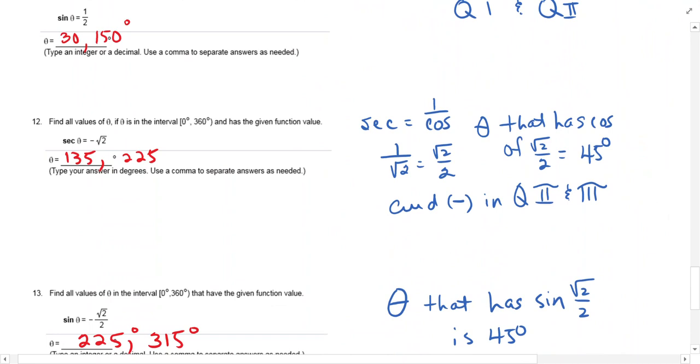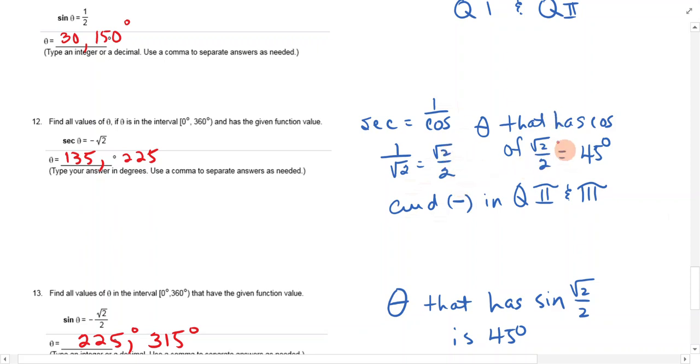12, secant of negative square root of 2. Well, secant is 1/cosine. And the theta that has cosine of square root of 2/2. So if we divide this, if we say what is 1/square root of 2 and you rationalize it, you get square root of 2/2.